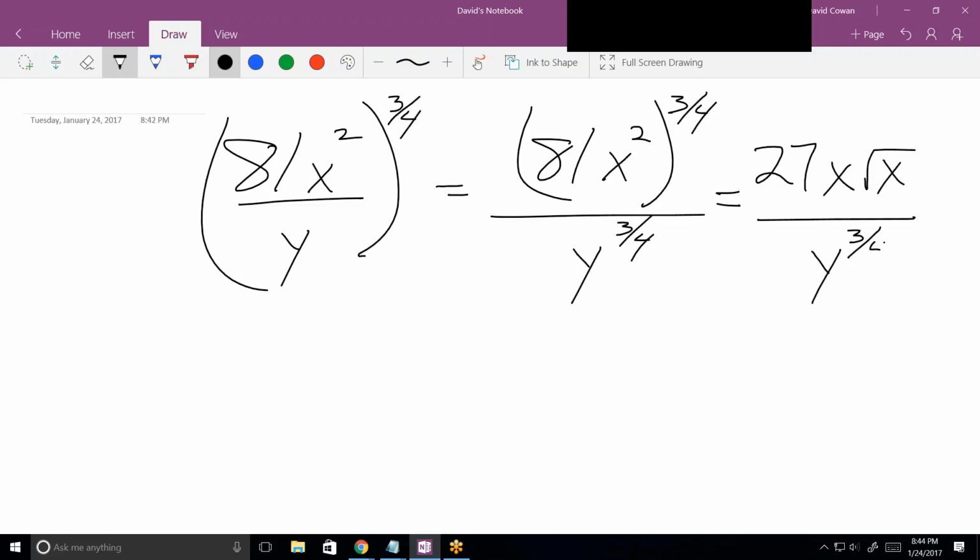Pretty much I'm stuck with that. And I could write the top in a different way. I could write it as 27 times x to the 3/2 divided by y to the 3/4. So I could write it like that. I don't see what else I can do though.